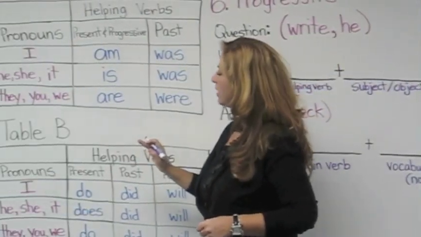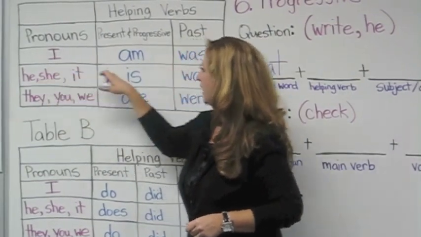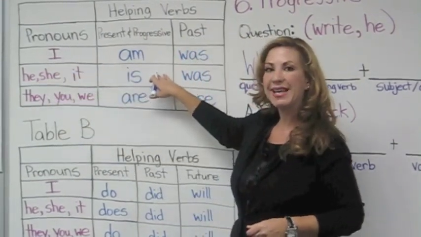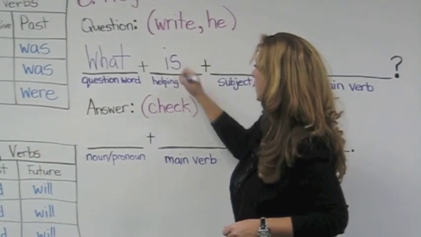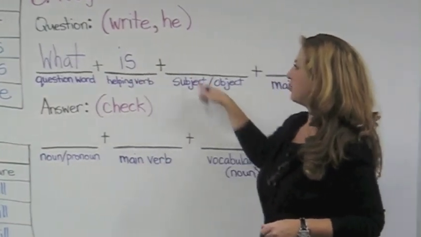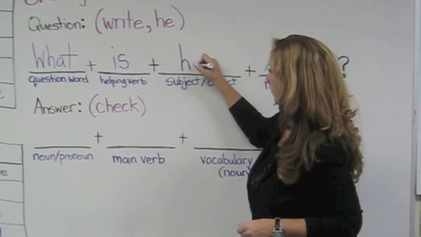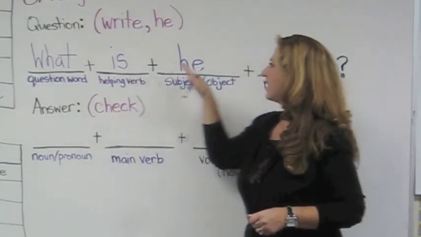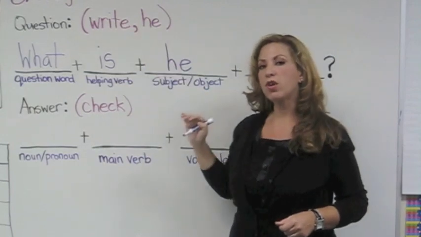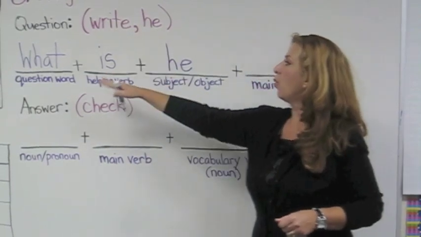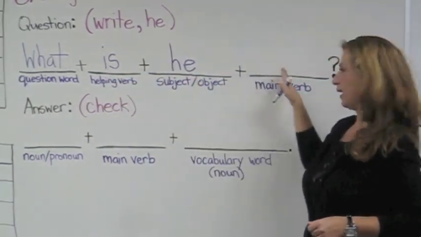So let's go to table A and find he in the progressive, and the word is. What is, the subject is he. What is he, and now the main verb is to write, so we're going to conjugate the word write. What is he writing?